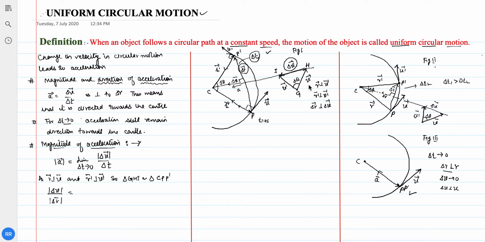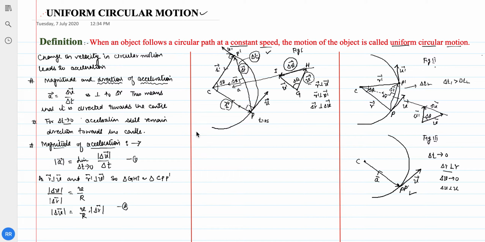From this triangle, if you take the magnitude of velocity, and from this part you take the radius of the circle, this is equal to V upon R. So from here, you can define the magnitude of delta V equal to V upon R times the magnitude of the position vector delta R. This is equation number 1 and this is equation number 2.